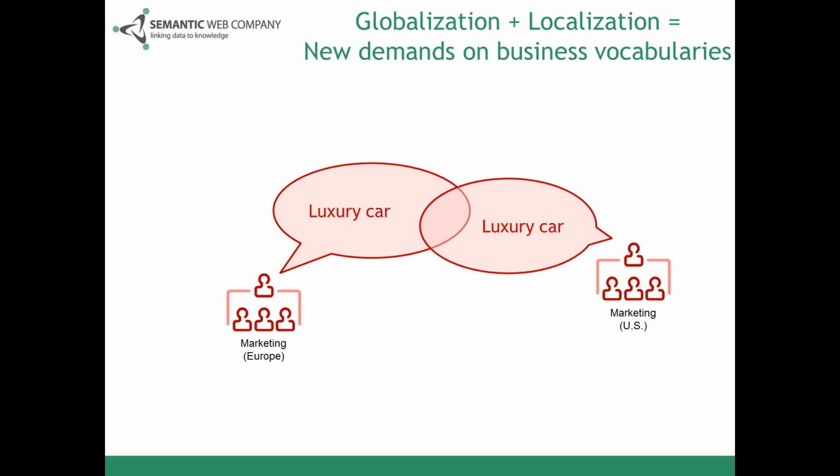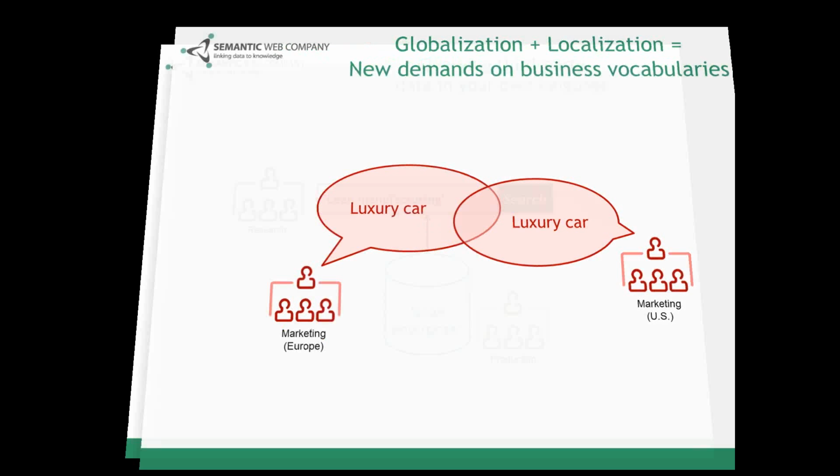It's a different concept. It's just the same name, but there's no standard in place at all. So what's the solution for that? Should we standardize luxury car on a global scale? I don't think so. I think it's much better to leave knowledge where it is, or also language where it is. It should remain or stay local.